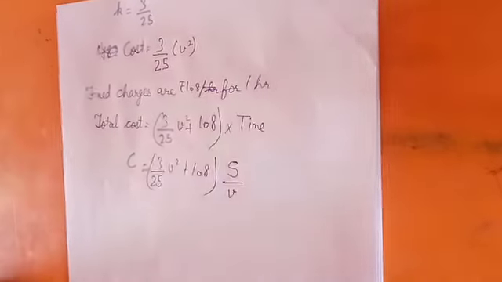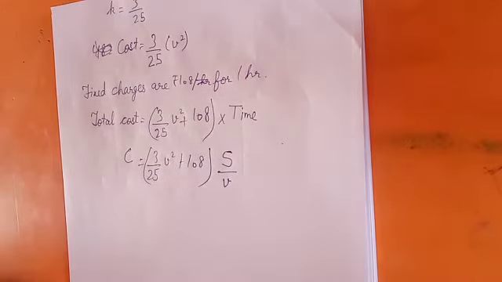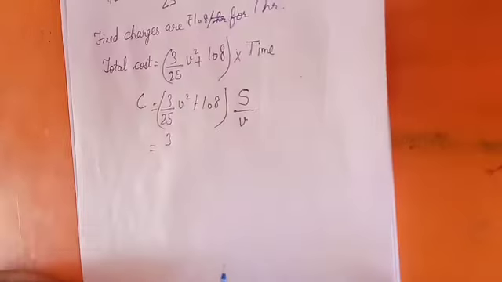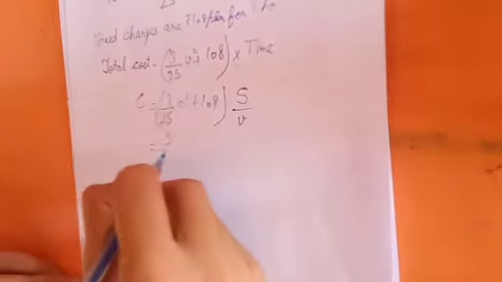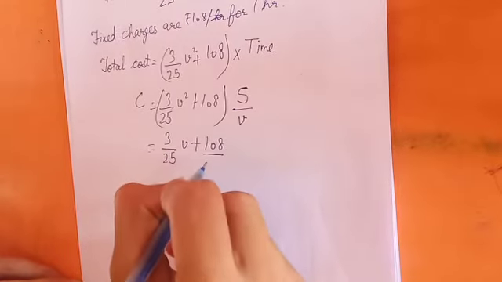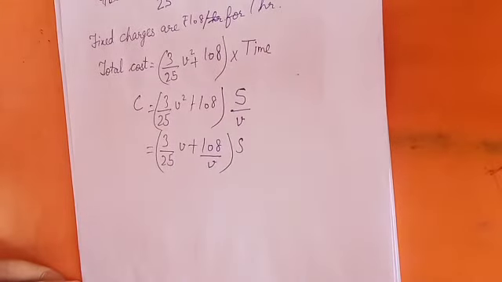We can say that. Okay. So now I can write this as 3 by 25 v plus 108 by v into s. Okay, so now I have only one variable, so I can differentiate my cost.